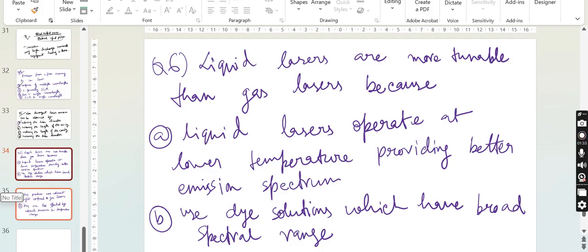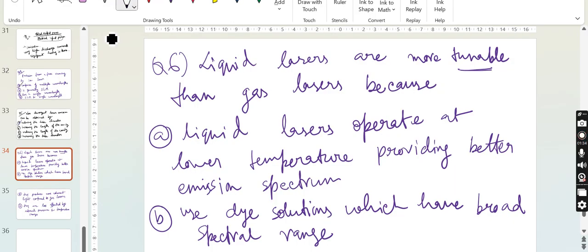So the tunability is because they have more vibrational and rotational energy levels. In other words, they have a broad spectral range. This is the reason we use liquid lasers for tunability. Operating at lower temperature doesn't give tunability.